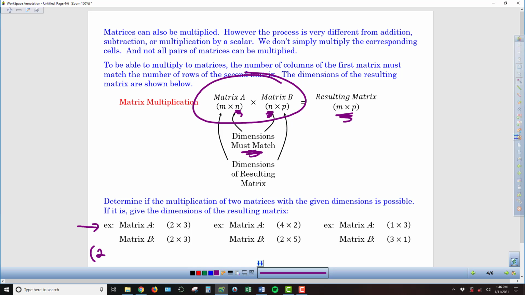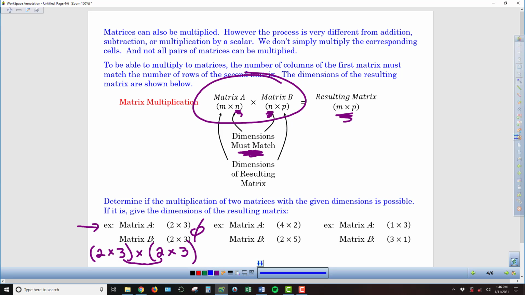If we have a 2 by 3 multiplying another 2 by 3, our rule that the middle dimensions have to match is not satisfied. We have 3 columns in matrix A and 2 rows in matrix B, so we cannot multiply those two matrices. It will not work, as we'll see in the mechanics of it later.